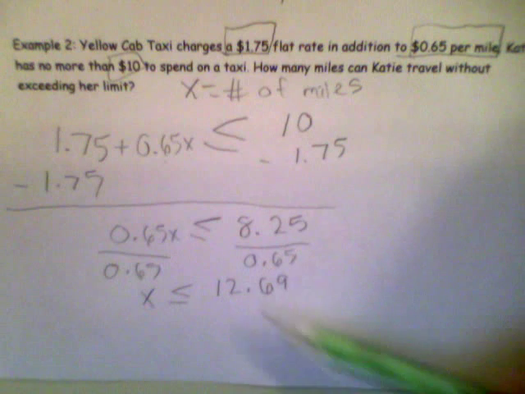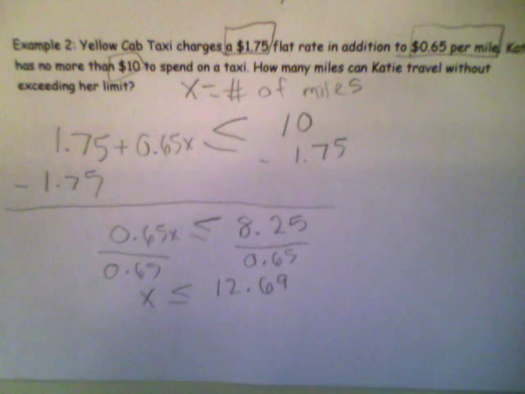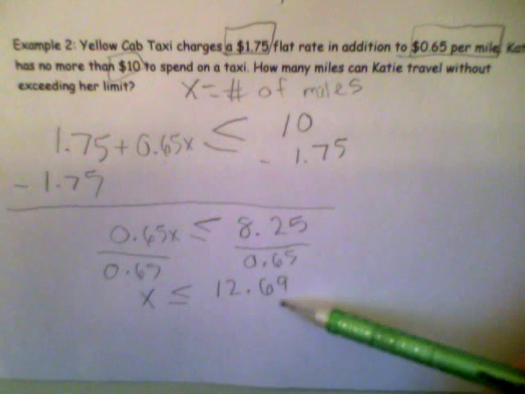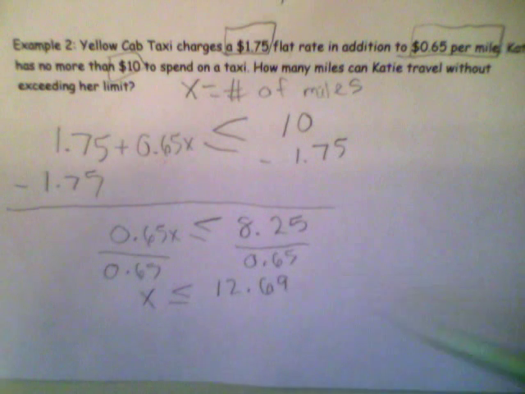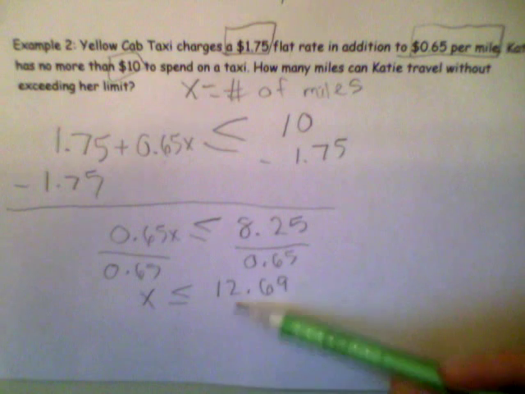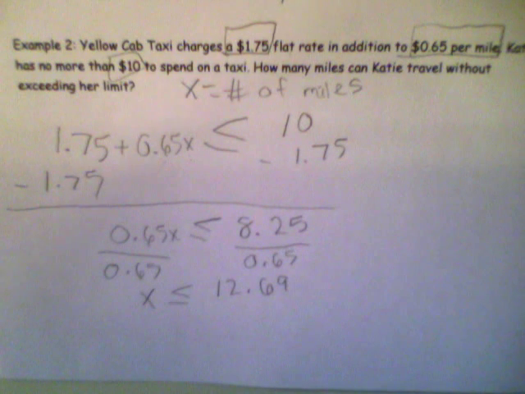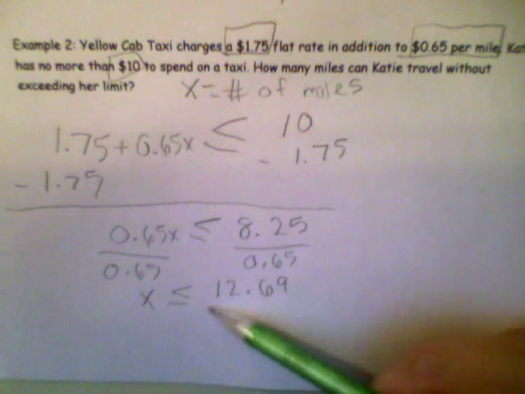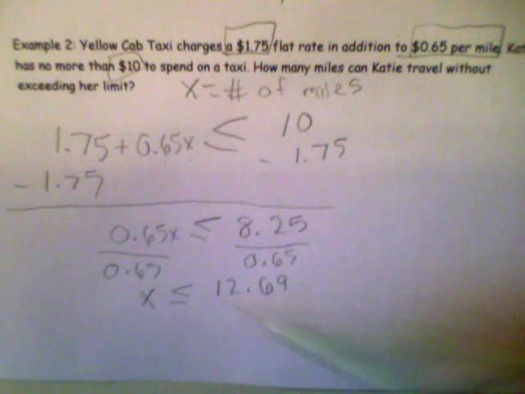However, that really can't be my answer because no taxi cab service is going to charge you for 0.69 of a mile. So I'm going to have to round down. The most amount of miles I can travel without exceeding my limit is going to be 12 miles.